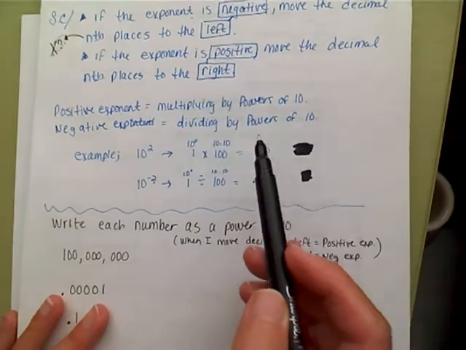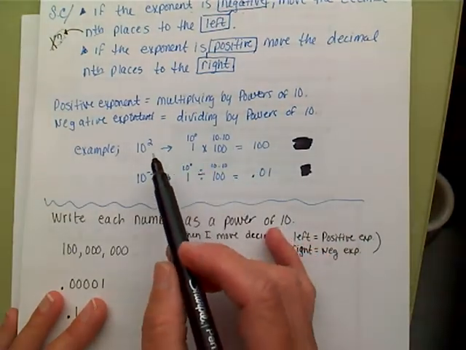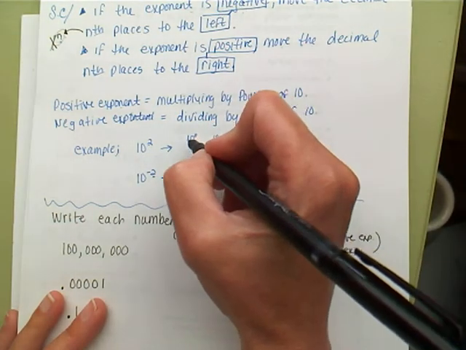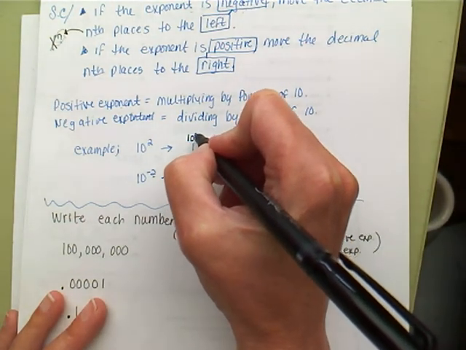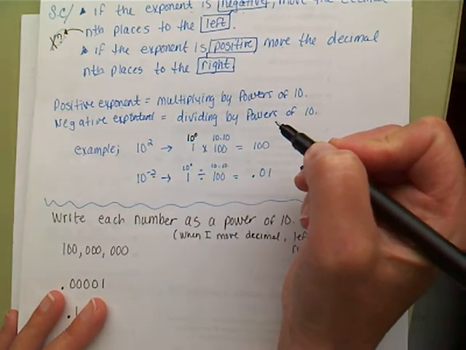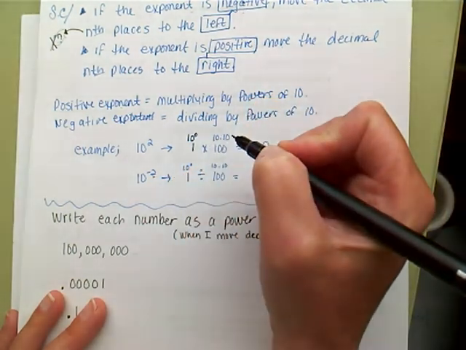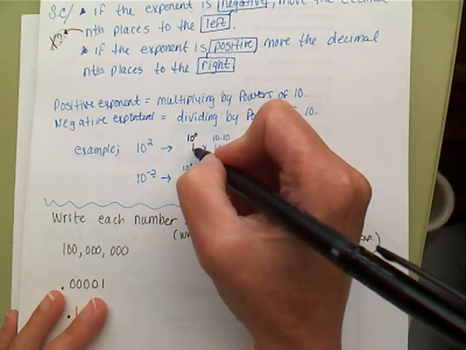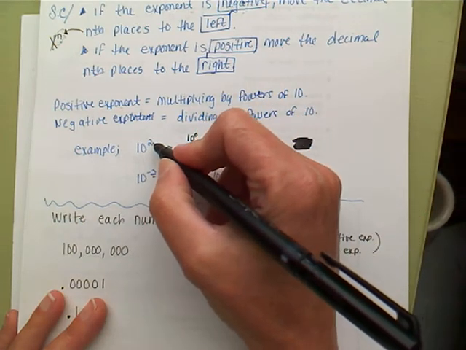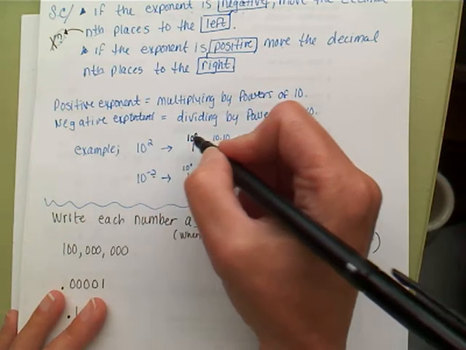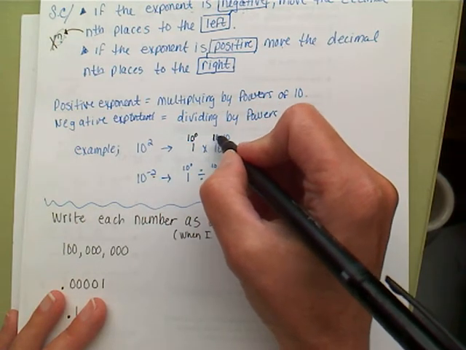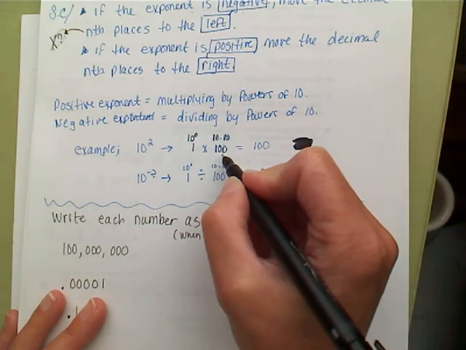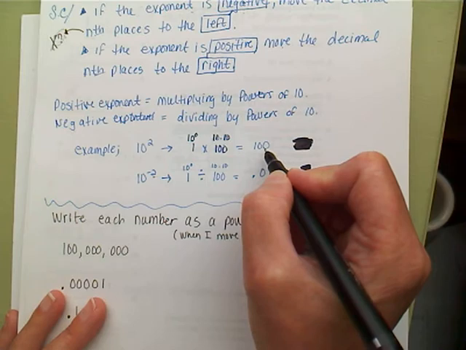So here's a quick example of how this works. If I have 10 raised to the second power, our 10 to the 0 power, we already learned in the last lesson, is 1. So that's our starting point of the base 10 number system. So I have 1. And since this is being raised to the second power, well, 10 times 10 is 100. And when I go across and multiply that, of course I get 100.